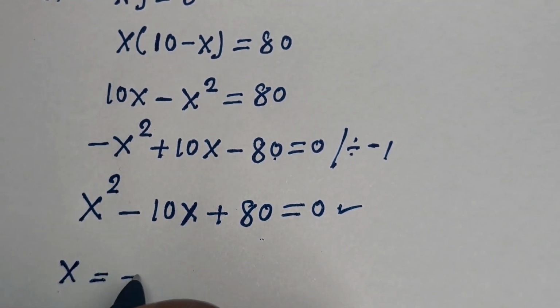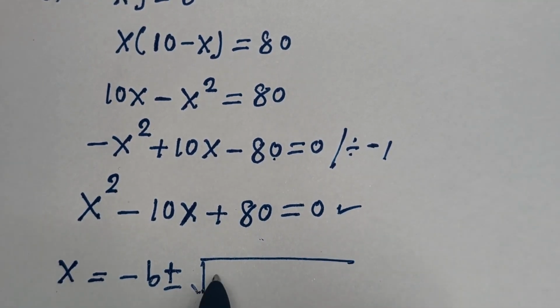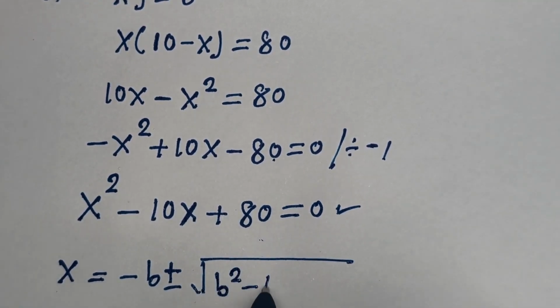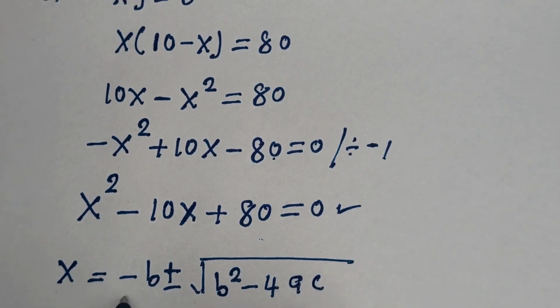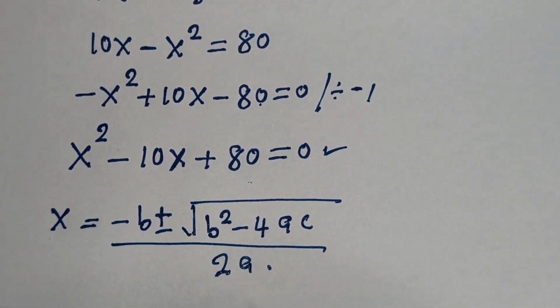x is equal to minus b plus or minus square root of b squared minus 4ac over 2a.